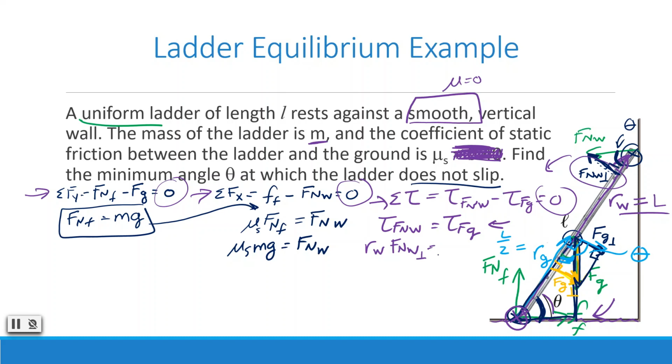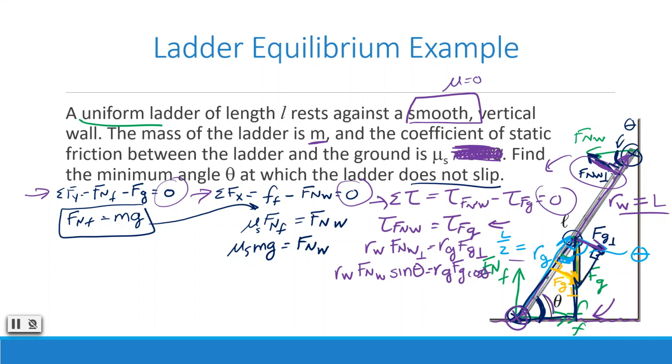And then your torque for gravity is going to be RG, which is our L/2, times the component of gravity that is perpendicular, which is going to be this component right here. So RW, FNW, this is the opposite side based on theta, so that's going to be sine theta, is equal to RG, FG. And then this one's actually based on the cosine of theta.